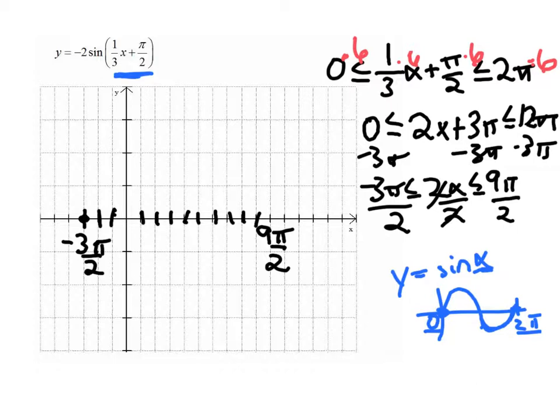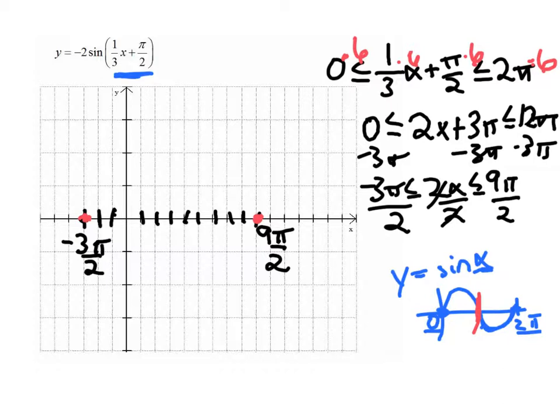Now here again I'm going to go back and think about the sine graph. Sine starts and ends at 0, so I'll plot those points. Right in the middle, you get another x-intercept in the sine graph. So I need to find what's right in the middle of negative 3 pi over 2 and 9 pi over 2.